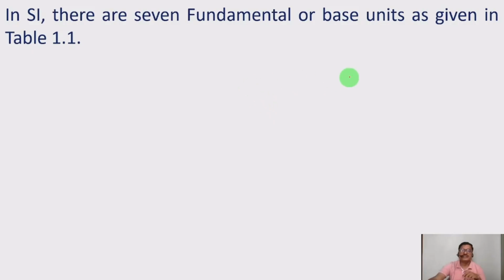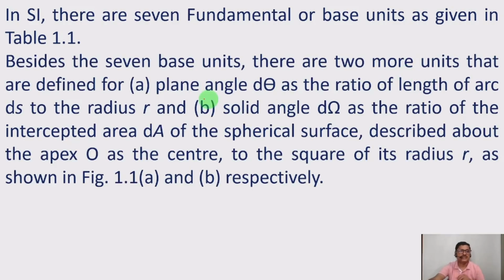In SI, there are seven fundamental or base units as given in table 1.1, which I have discussed. Besides these seven base units, there are two more units defined: plane angle dθ as the ratio of the length of arc ds to the radius r, and solid angle dΩ as the ratio of the intercepted area dA of the spherical surface described about the apex O as center to the square of its radius r, as shown in figure 1.1a and b respectively.